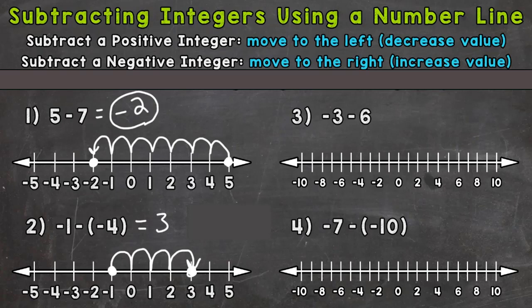Number 3. From negative 3, we move 6 to the left. And we end up at negative 9, which is the answer.